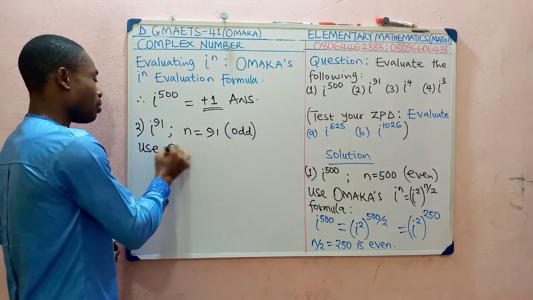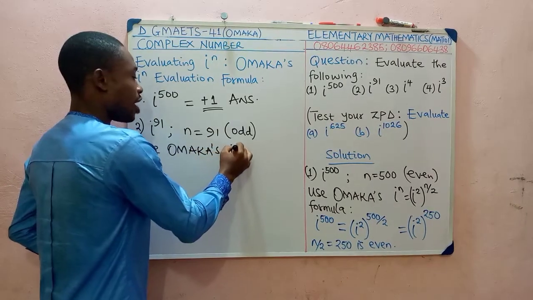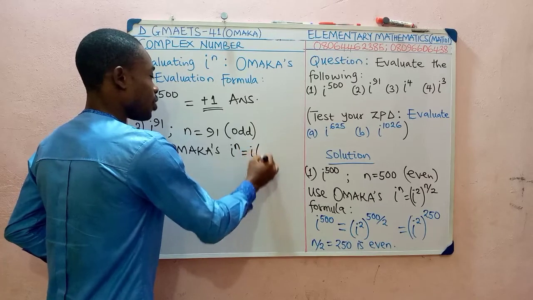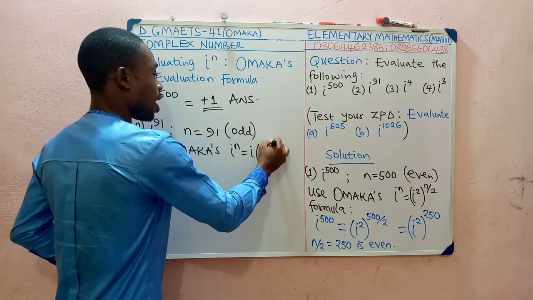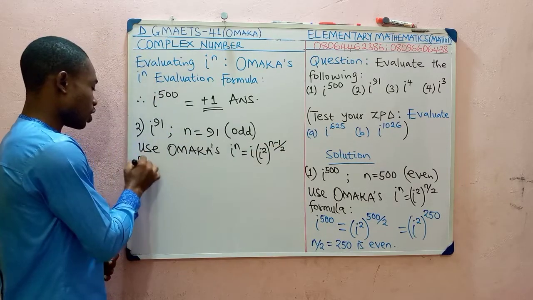So what do we do? Use Omaka's i raised to power n equal to i times i squared raised to power n minus 1 divided by 2. So we're going to use this formula.